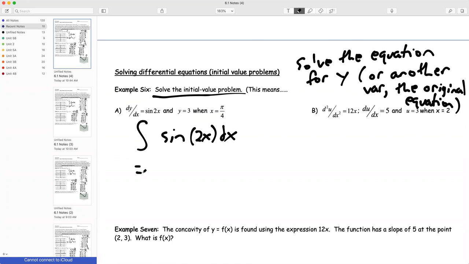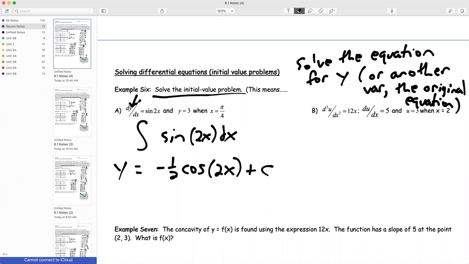So what is the antiderivative of sine of 2x? 1/2 cosine. Oh, shoot. So it's -1/2 cosine of 2x, plus my constant. Okay, and I know that this is equal to y. How do I know it's equal to y? Because it's dy dx. And it's Monday, and I'm a little slow.